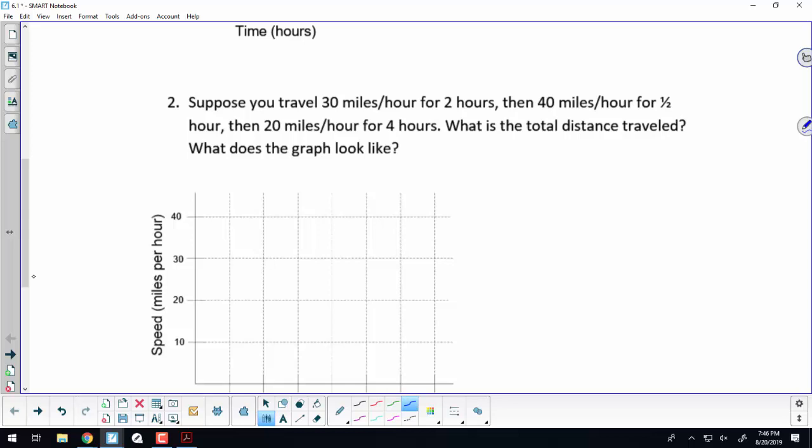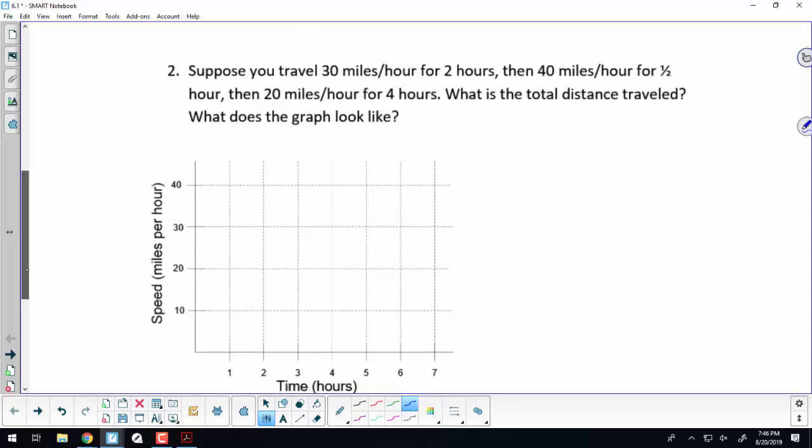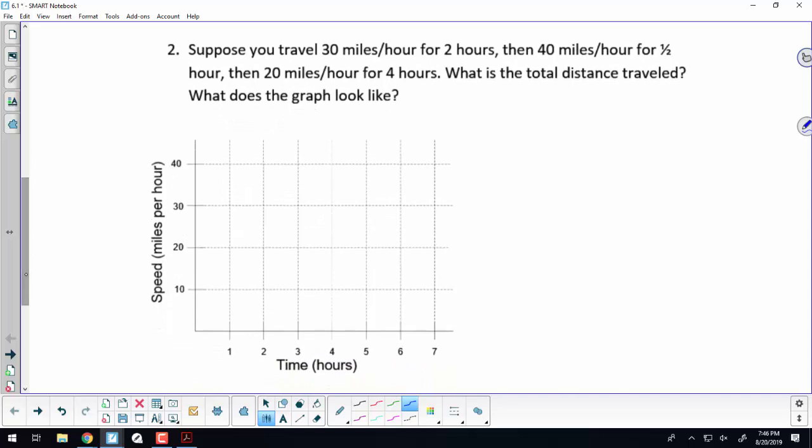So 30 miles per hour for the first 2 hours, then 40 miles an hour for the next half hour, and then 20 miles an hour for the next 4 hours.